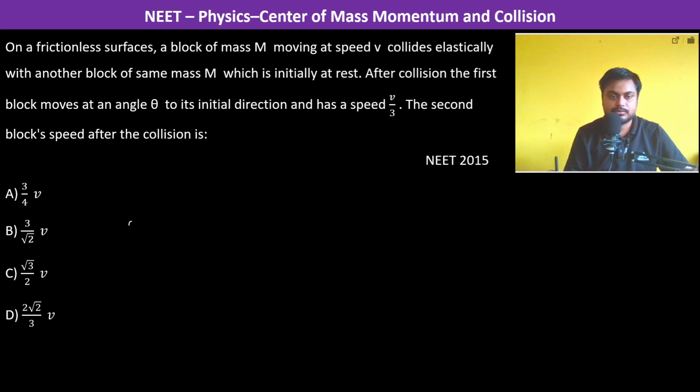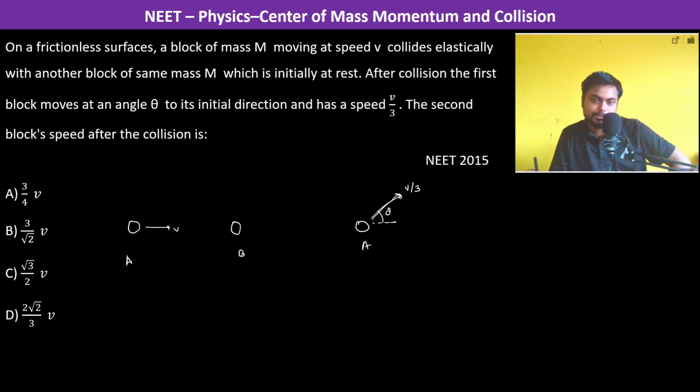So now this is V, this is at rest, this is A and this is B, and now A starts going with velocity v by 3 at an angle theta, in this direction.